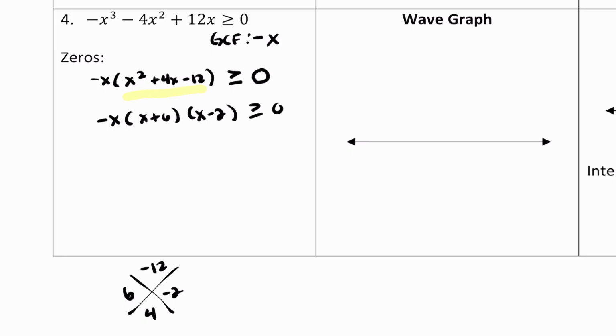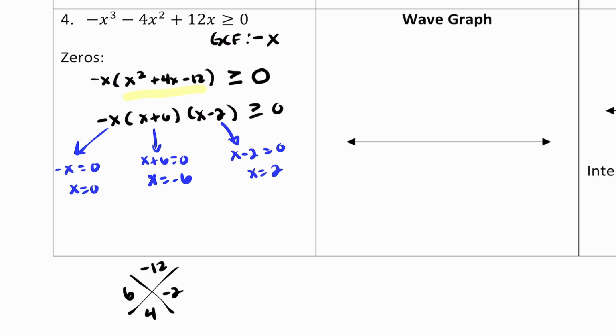And then now I'm going to set each of these factors equal to 0. So here we have x equals 0, x equals -6, and x is +2. All of these things are single roots. So we know what to do when we have a single root. When we approach them, we cross, right?